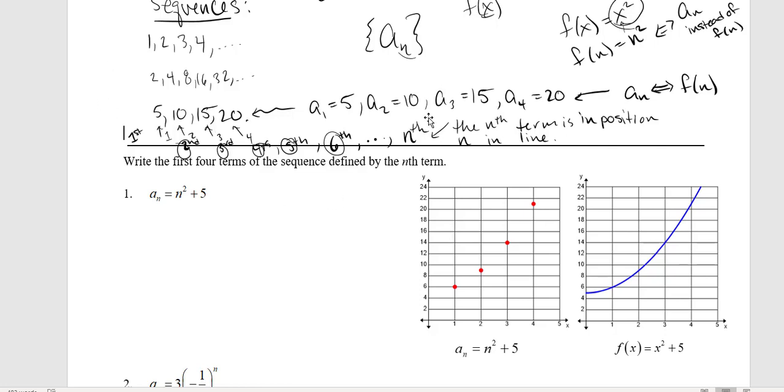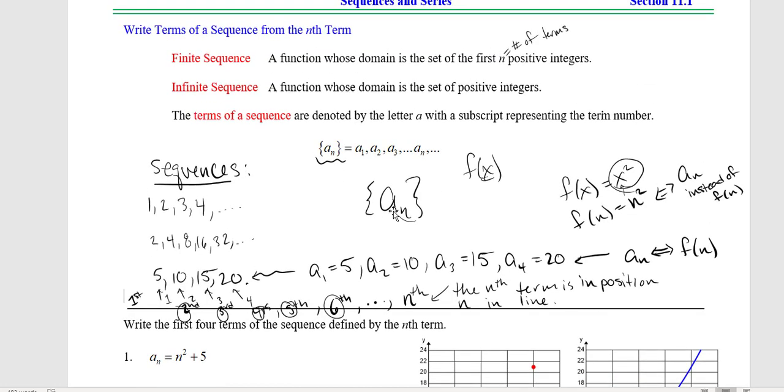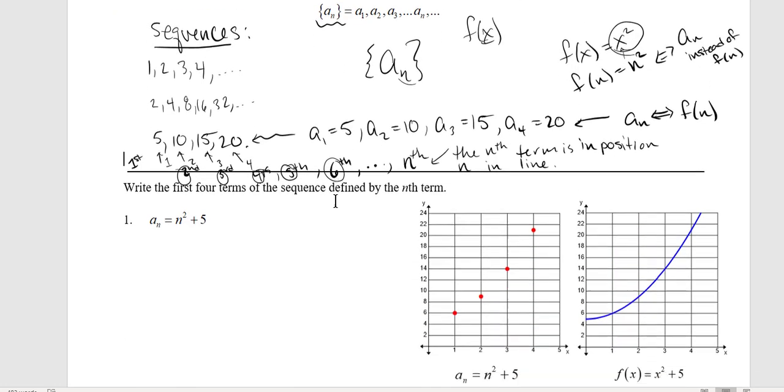So if we want to describe a function, this is a nice way to do it. Describe in terms of your position in line, in terms of this domain value n, what is the sequence value we have. The description here mathematically is much more complicated than what it feels like we're actually doing.